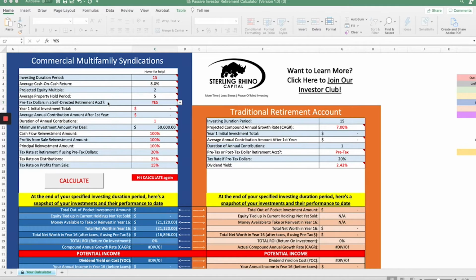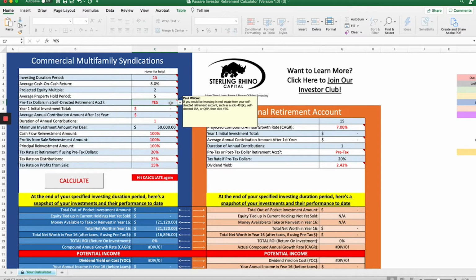You can use pre-tax dollars in a self-directed retirement account to invest in multifamily syndications. These types of accounts include solo 401ks, self-directed IRAs, or QRPs. If you are self-employed to some capacity, you can use one of these retirement accounts to invest with us.